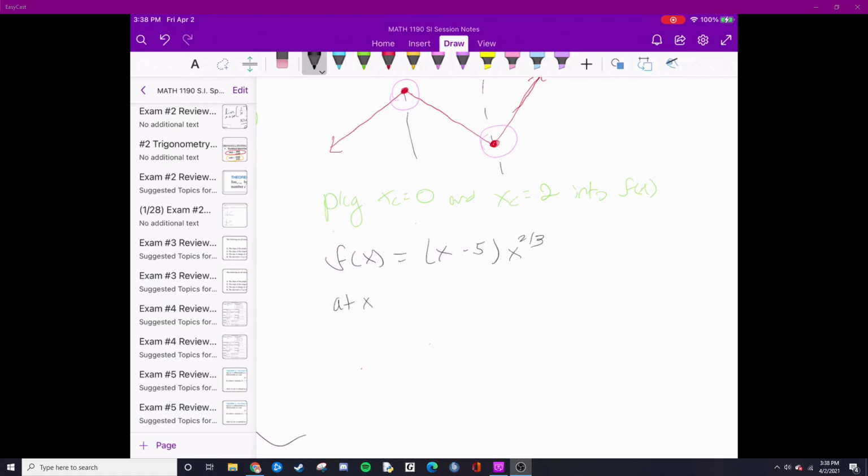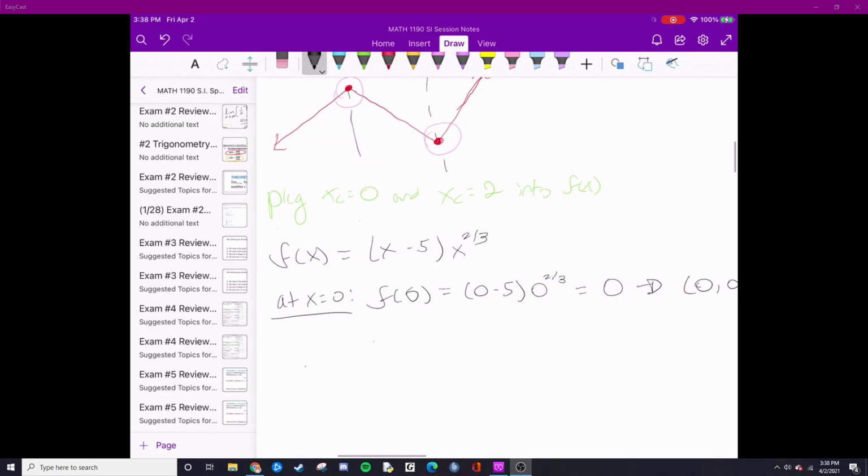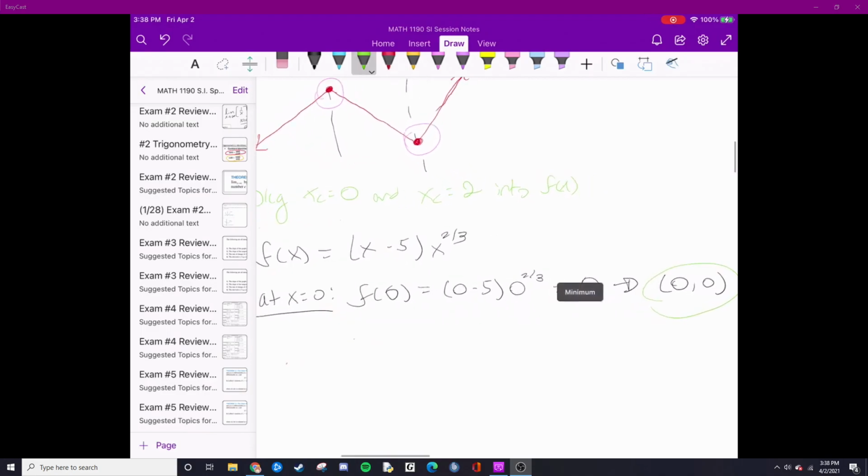So at x equals 0, we have f of 0 is equal to 0 minus 5 times 0 to the 2/3. 0 times anything is just going to be 0. So from this, we know our y value is 0, so we get the point 0, 0, which is what we're looking for. We're looking for that point where the local min and maxes are.